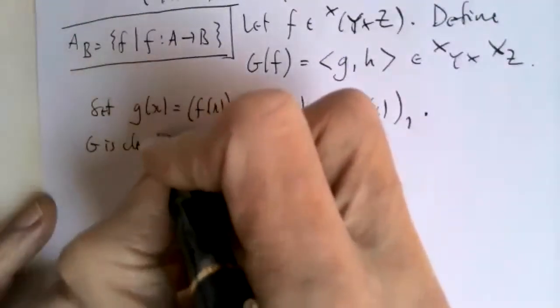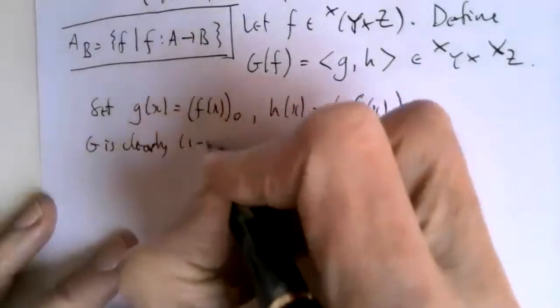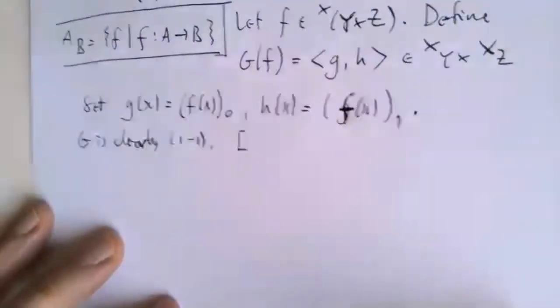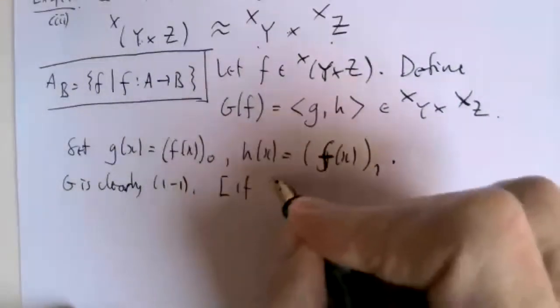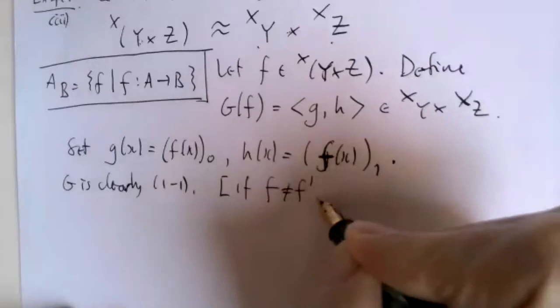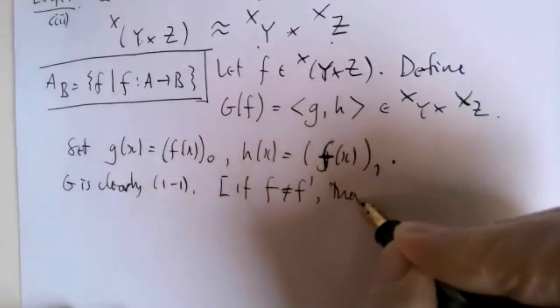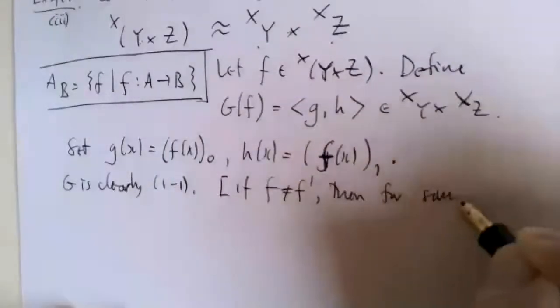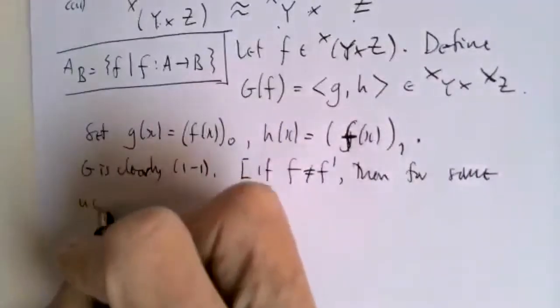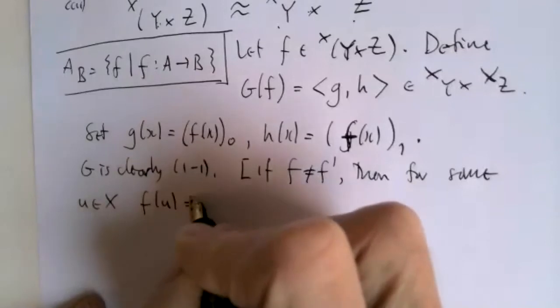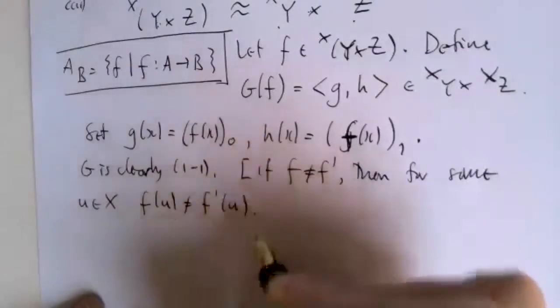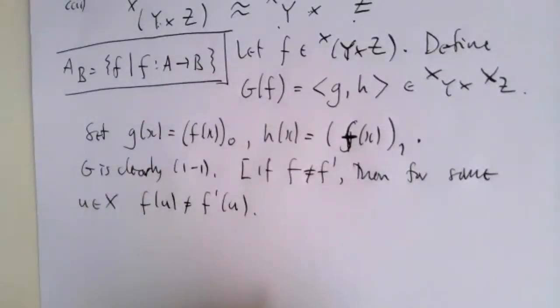So I think you can just say G is clearly one-to-one. Okay, if you really want to spell it out, if I've got f different from f prime, then for some u in x, f of u is different from f prime of u, because they're different functions.